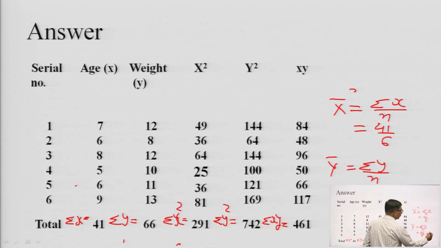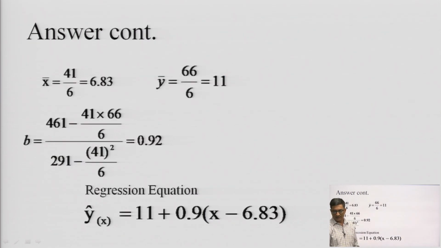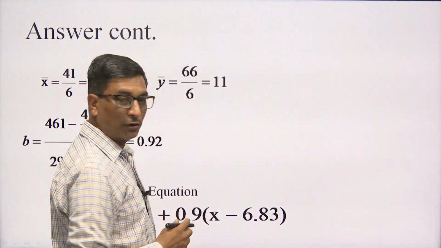So, it will be equal to 11. So, first of all we find the means x bar and y bar. So, x bar equals 6.83 and y bar equals 11.